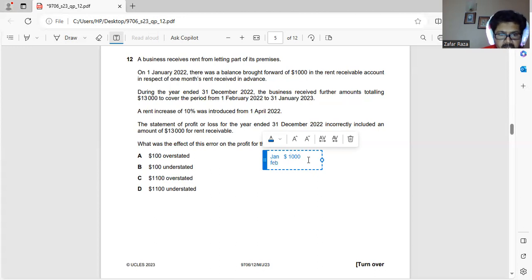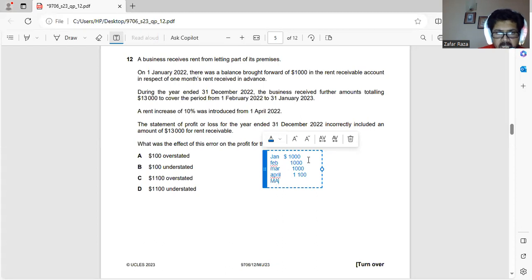February rent is 1,000. March rent is 1,000. April rent is going to be increased by 10%, so it must be 1,100.